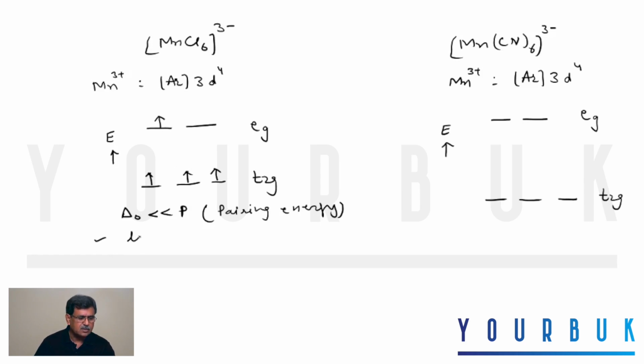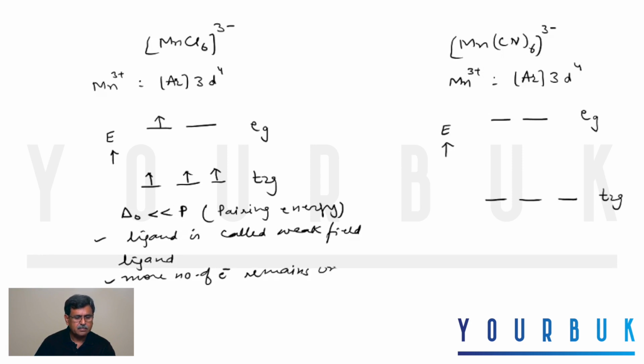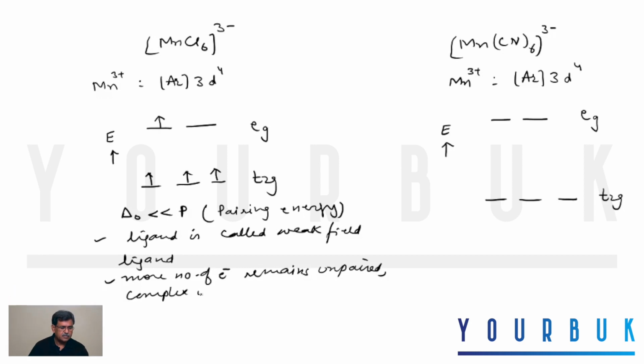In this case the ligand is called a weak field ligand, since delta O is very small in comparison to the pairing energy. More electrons remain unpaired, so the complex is called a high spin complex, and it shows a higher value of magnetic moment.